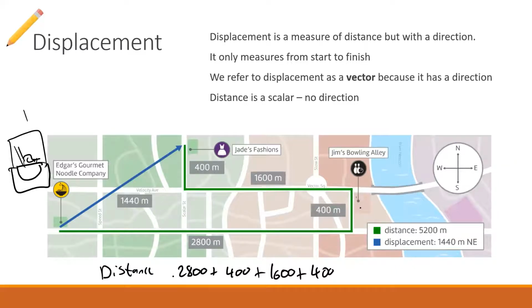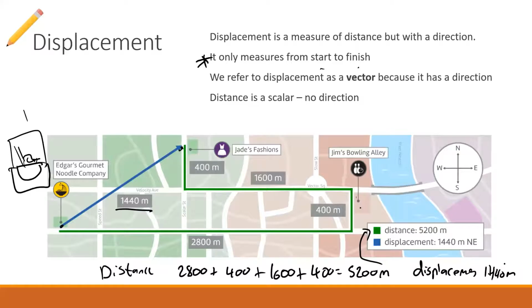So the total distance traveled is 5,200, which is the same as here. But the displacement is not that. The displacement is measured from start to finish. I started at the noodle company and I ended at this. That distance is 1,440 meters. That's my displacement.